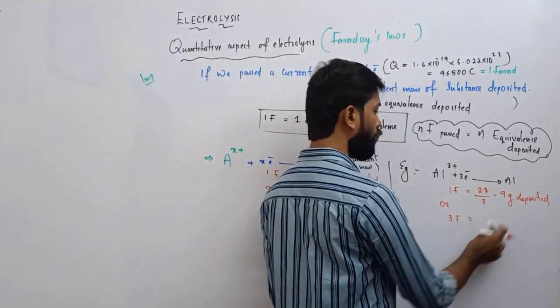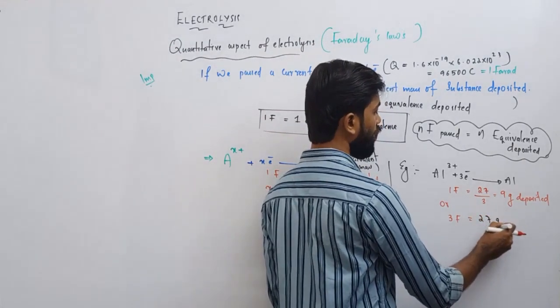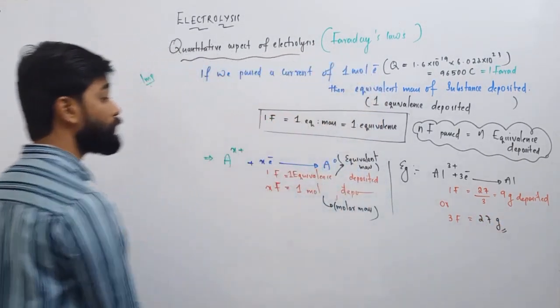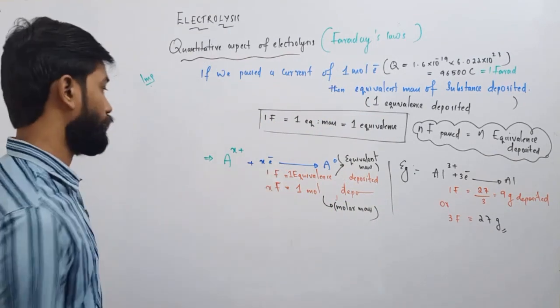So 3 farad, 1 mole deposited. 1 mole deposited means molar mass deposited, and the molar mass of aluminum is 27. So this is a main point.